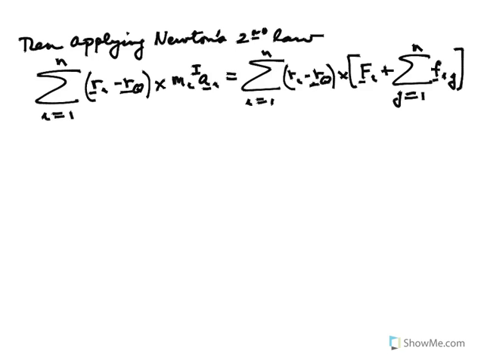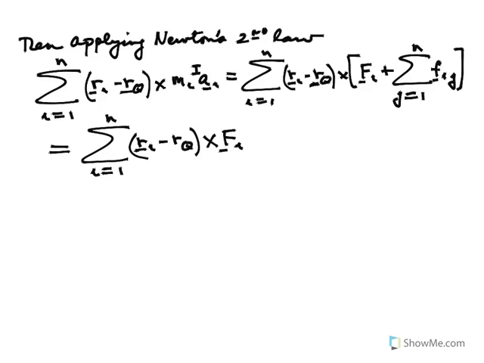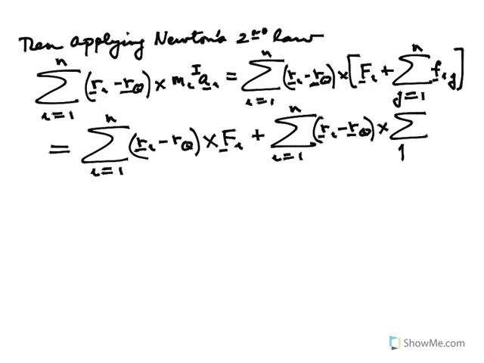And then this can be broken up into multiple terms, which is equal to the summation from i equals 1 to n of (Ri minus Rq) crossed with Fi, plus the sum from i equals 1 to n of (Ri minus Rq) crossed with the sum from j equals 1 to n of Fij.